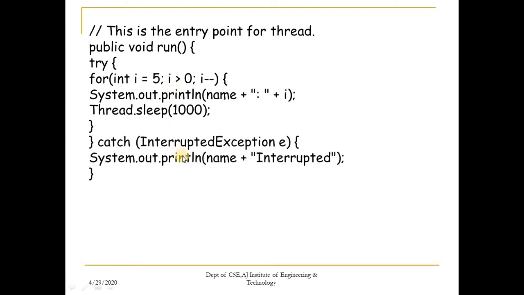We have the try block and the catch block, and finally inside the run method we will be displaying the name of the thread and the string exiting. Close the run method.